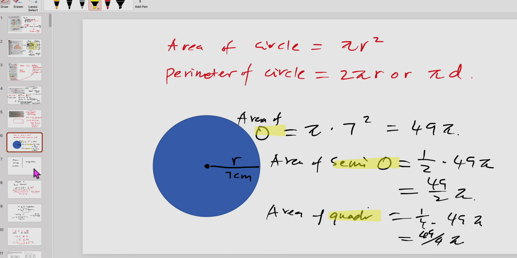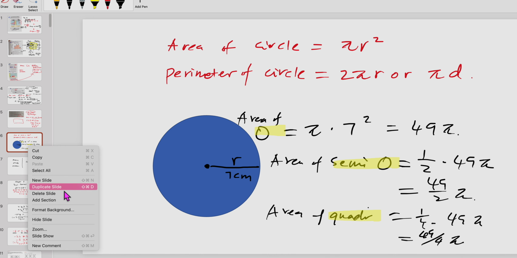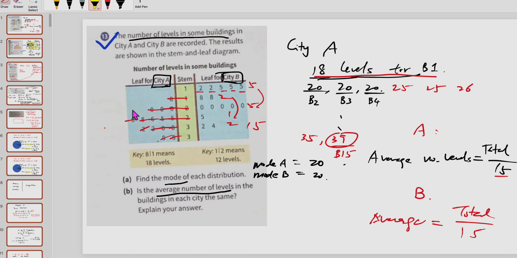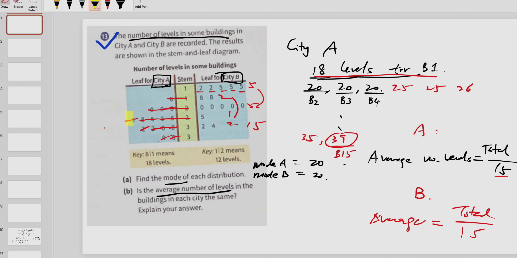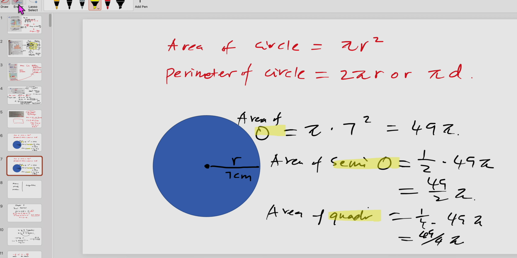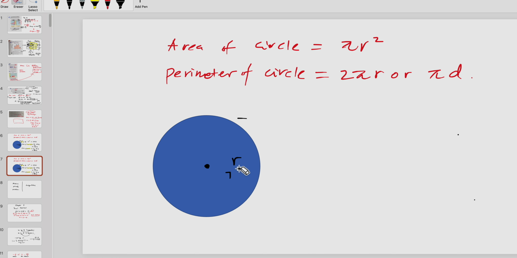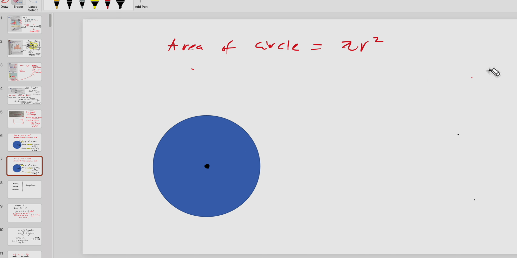So what if you don't get standard questions? What are non-standard questions then? Instead of half, instead of 1 quarter, what if they ask you for just a pizza slice of a circle?